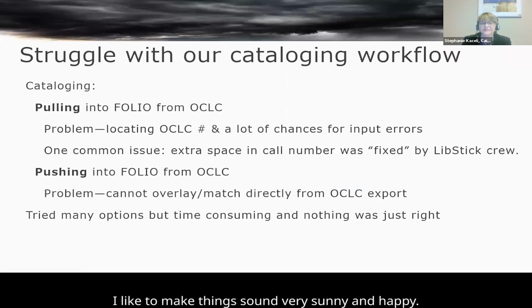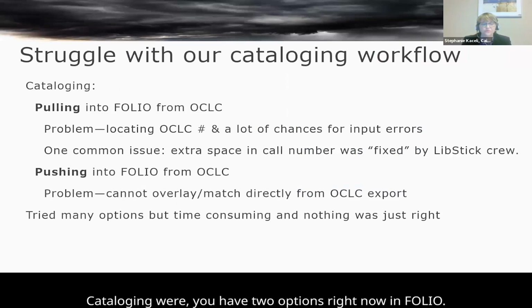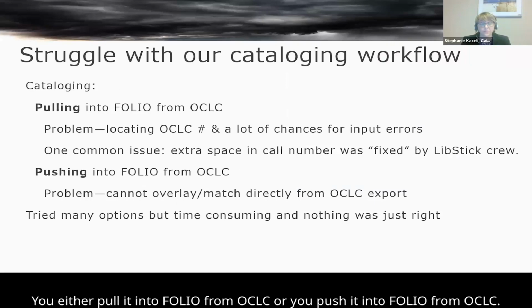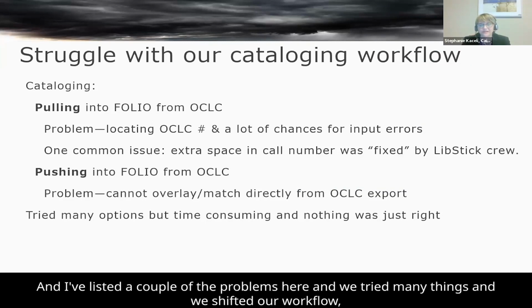I like to make things sound very sunny and happy, but there are cloudy days, and we did struggle with our cataloging workflow. Cataloging, you have two options right now in Folio. You either pull it into Folio from OCLC, or you push it into Folio from OCLC. And for us, neither of those were good solutions. And I've listed a couple of the problems here.